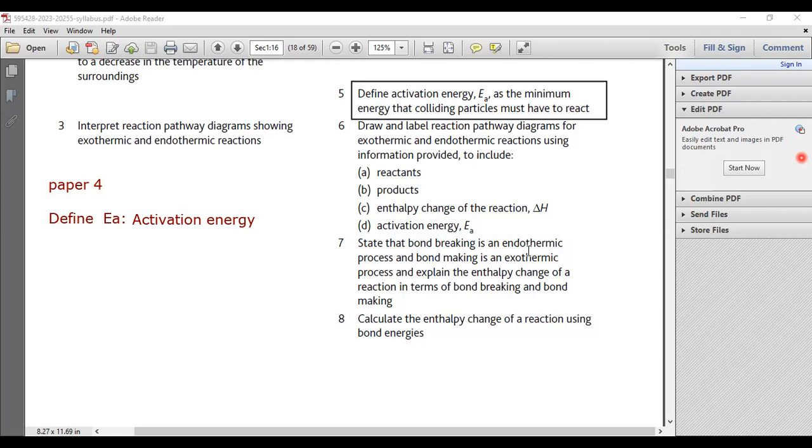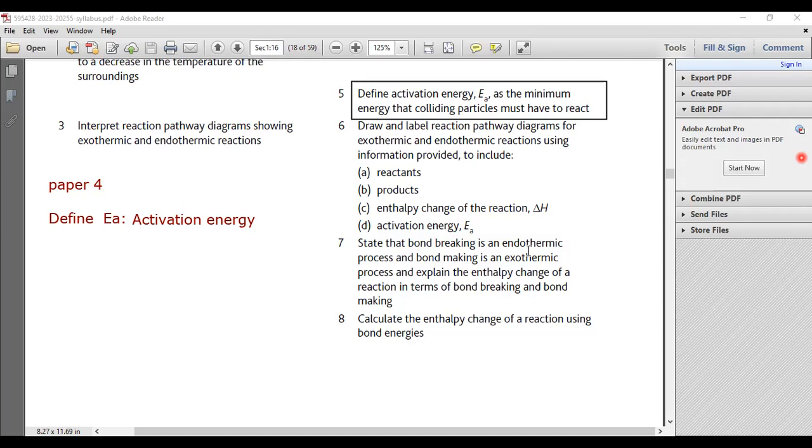You will say, no, I'm very lazy. I will say, can you take this chocolate from me? After you eat this chocolate, you will say, oh, I feel very good now. I can go. So this is the activation energy. The minimum energy you need to do something. For particles, the minimum energy the colliding particles must have to react.